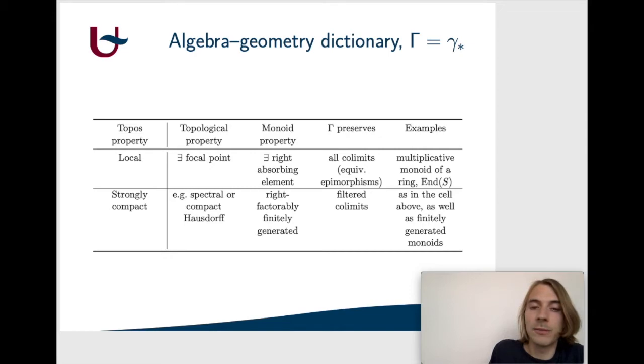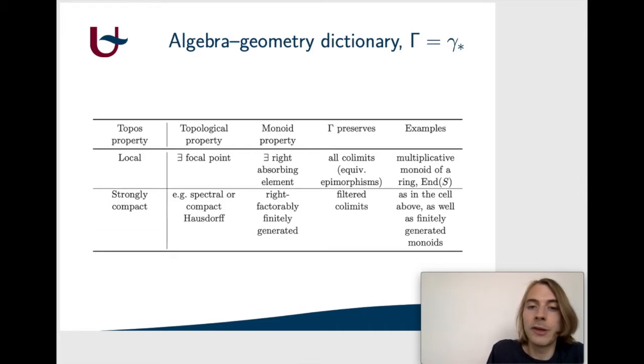And to get some geometric intuition, we can look at the topos of sheaves on a topological space, and we can try to determine when this topos is local. And this is precisely when the topological space has a focal point. We only look at topological spaces that are sober here. And what is a focal point?